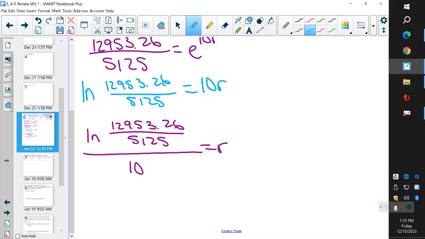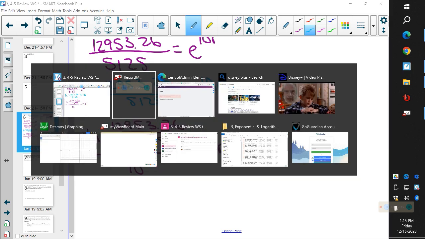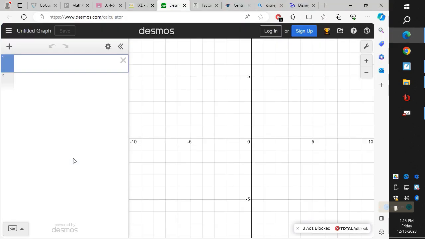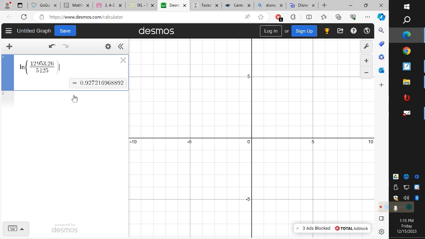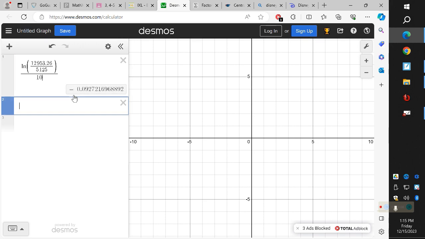So I come over to Desmos. And I'm going to type in there ln of 12,953.26. Is that correct? Divided by 5,125. Can I get a yes on that? Yes. And then I'm going to divide all of that by 10.